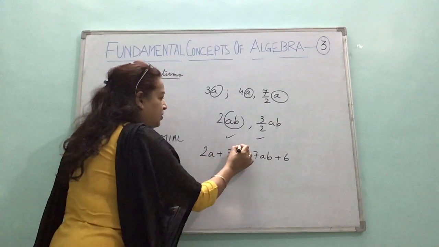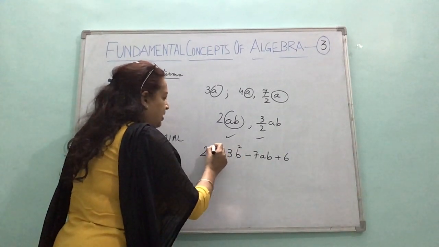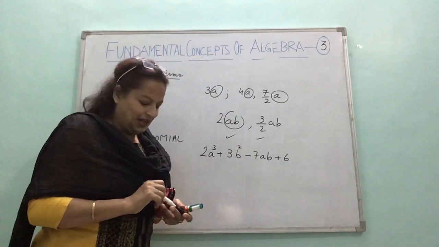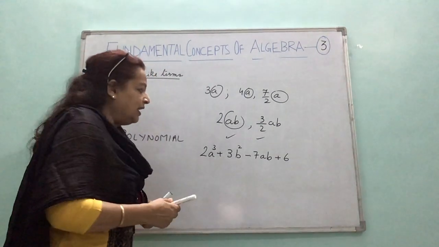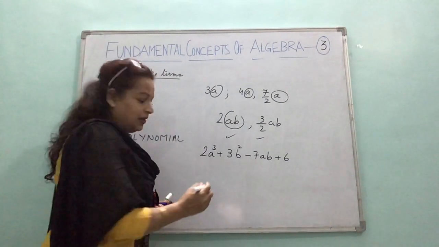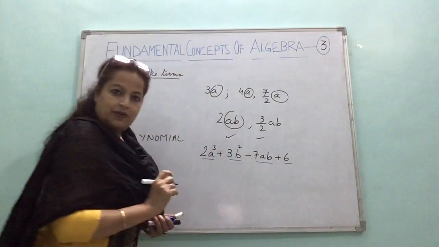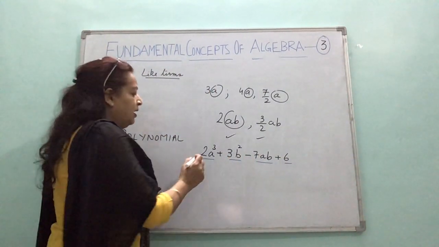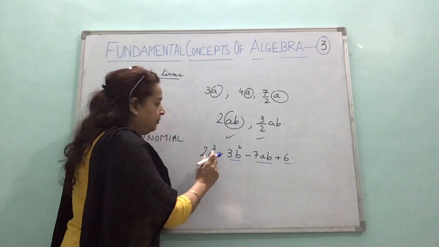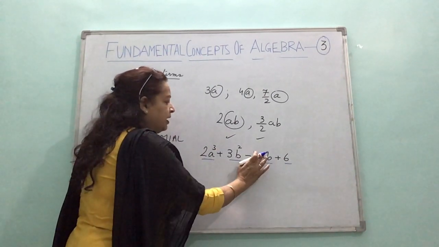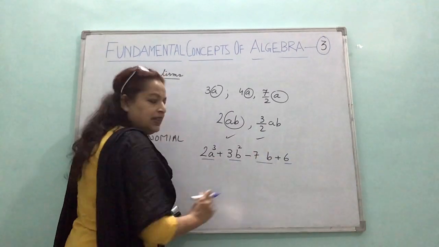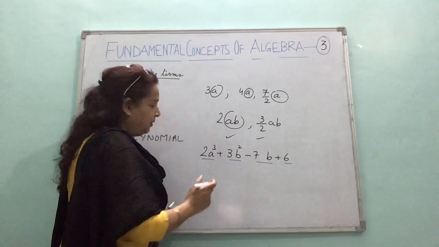Okay, I am writing here 2 and here I am writing q, right? Now these are the parts of the terms. This is one term, I am underlining the terms. There are 4 terms, right? And the parts of this term. Okay, I will take only this one at the moment.